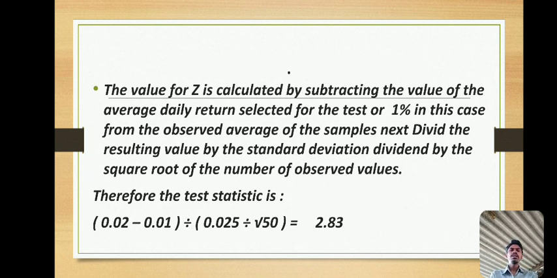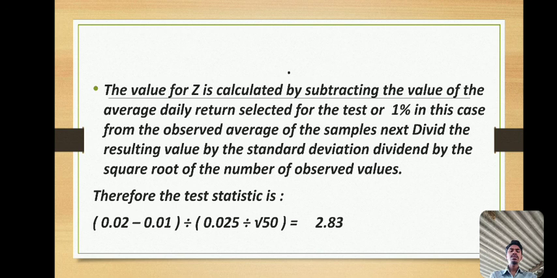The value for Z-test. The value for Z is calculated by subtracting the value of the average daily return selected for the test, or 1% in this case, from the observed average of the sample, then dividing the resulting value by the standard deviation divided by the square root of the number of observed values.